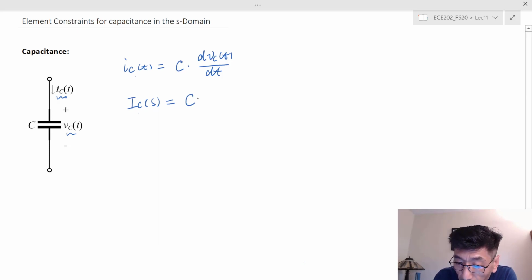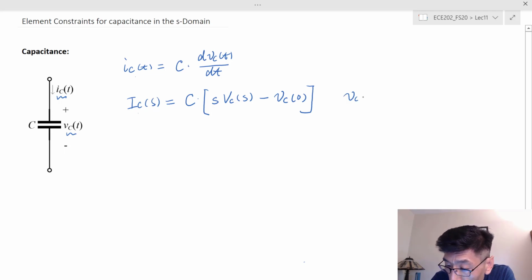So in this case, we have C times, and again here we're applying the differentiation property. So we would have s times the Laplace transform of V sub C(t), which is V sub C(s), minus V sub C(0). So that's the initial condition here, V sub C(0). The initial condition is basically the capacitor voltage at t equal to 0, right, so that's at the beginning point.